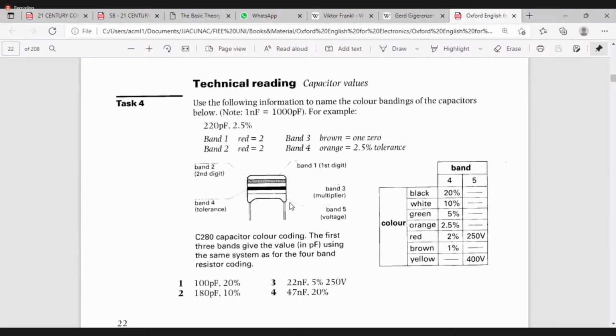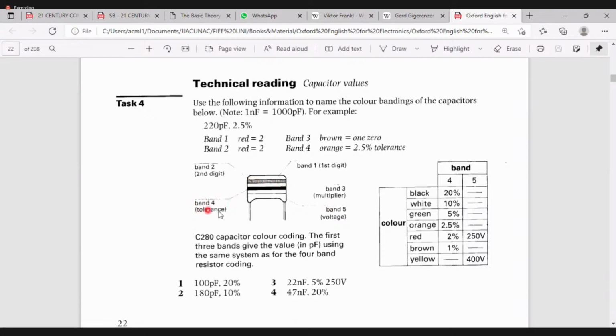In capacitors, we find one extra band. Band number 1 is the first digit, band number 2 is the second digit, band number 3 is the multiplier, and band number 4 is the tolerance, the same as resistors.